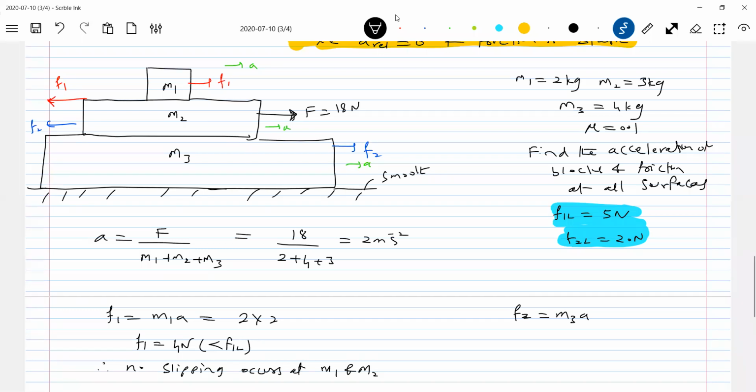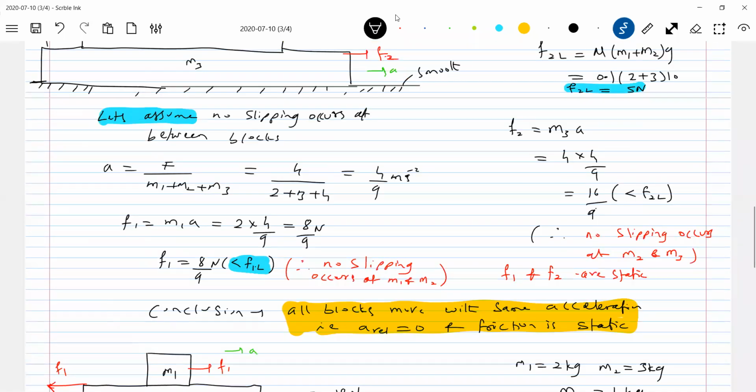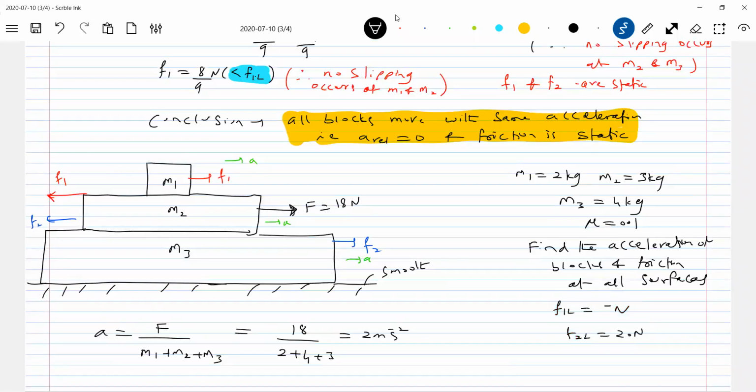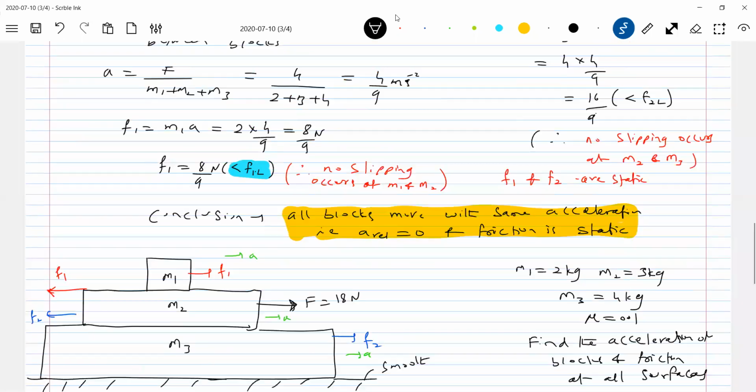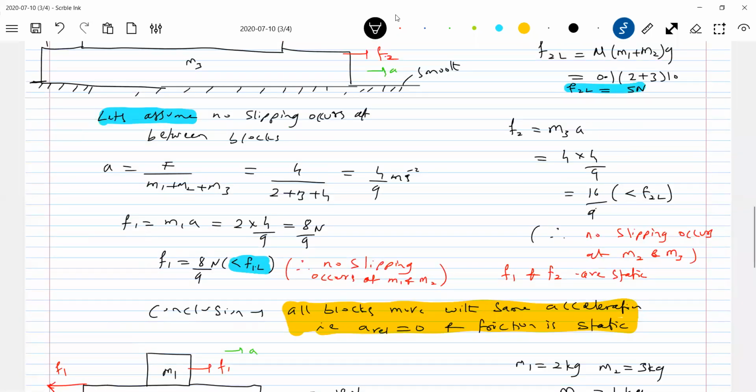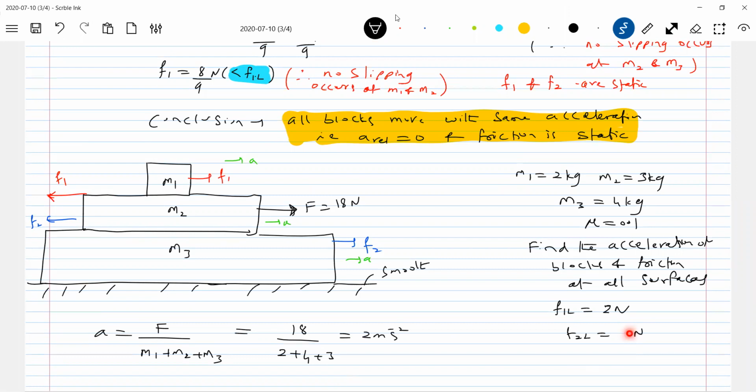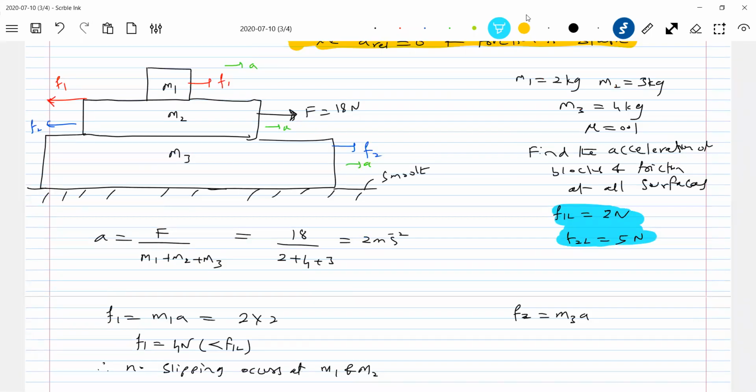Acceleration is how much? 2, no? Sir, F1 is greater than F1L. F1L is how much? 2 Newton, no? Oh, yeah. I think F2L is 5 Newton, no? I wrote 20. Yeah, thank you for the correction. Yeah, come for this now. This is, I think, greater, no?